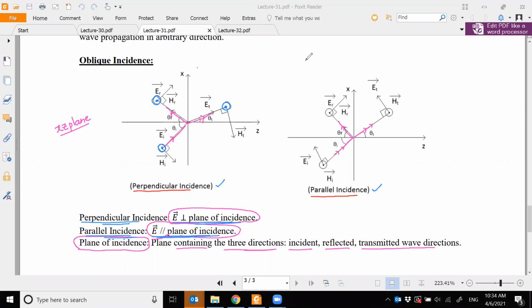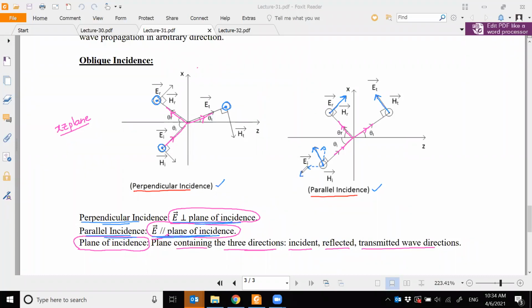And parallel incidence, if you see here, this is my electric field. And my electric field is residing in the XZ plane. That means if I decompose it, I will get a Z component and an X component.